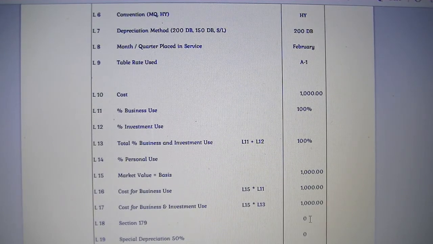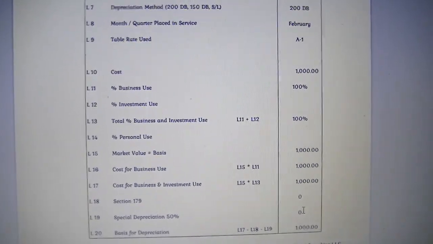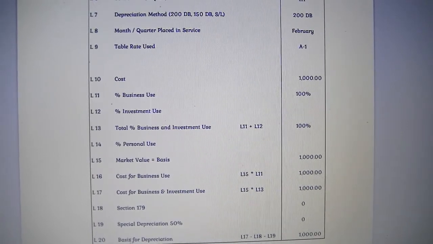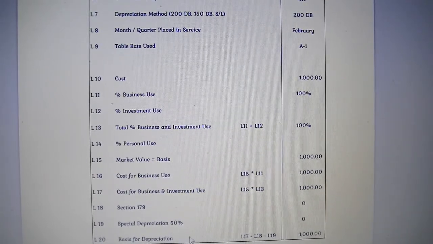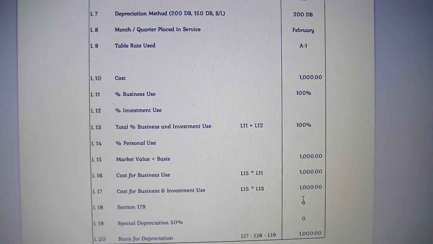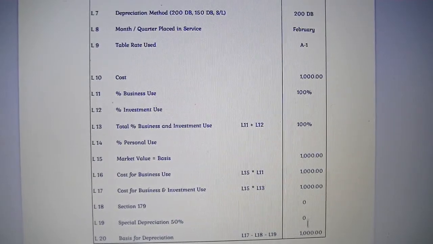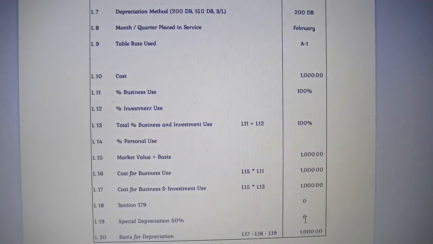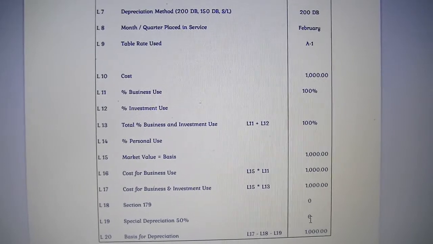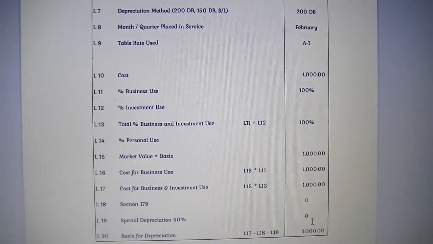We are not taking any section 179, no special depreciation. And the basis for depreciation will be line 17, cost for business use and investment use minus any section 179 and minus any special depreciation. So the total will be 1,000.